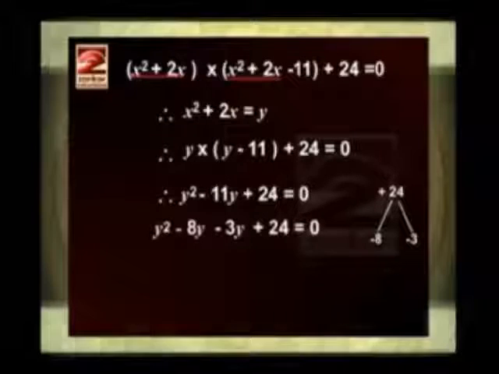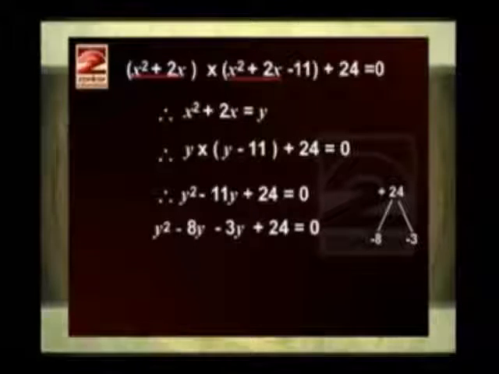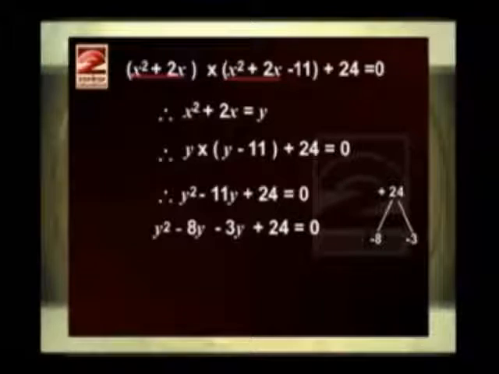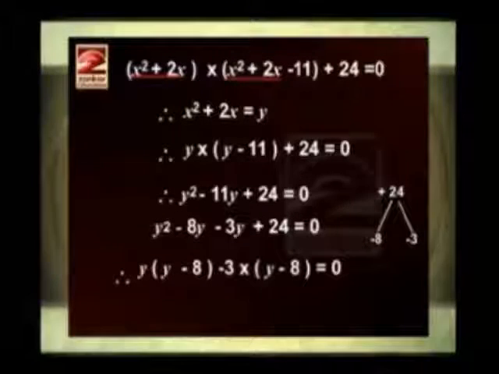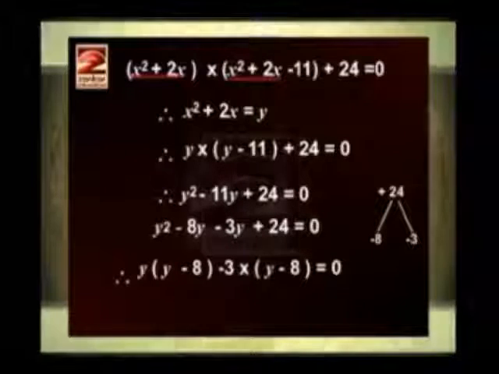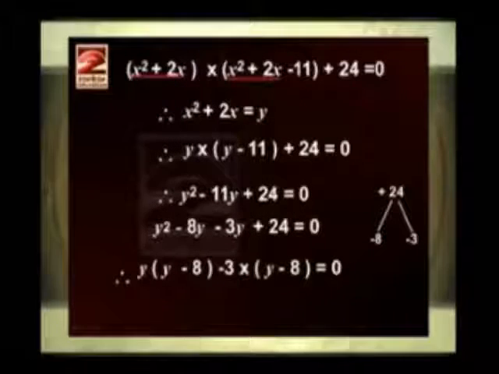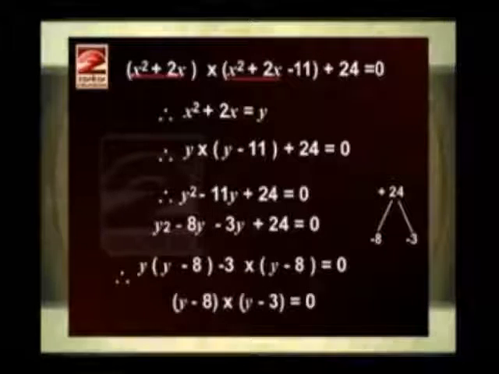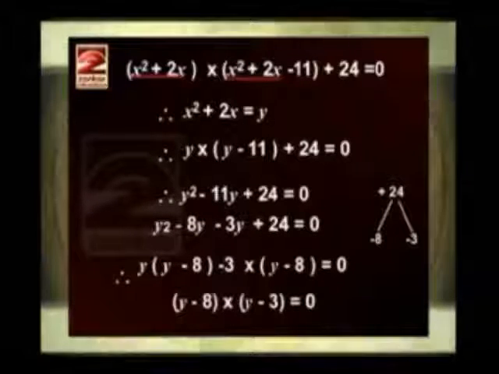So y square minus 8y minus 3y plus 24 is equal to 0. Therefore, y into bracket y minus 8 minus 3 into bracket y minus 8 is equal to 0. So y minus 8 into y minus 3 is equal to 0. So y is equal to 8 or y is equal to 3.